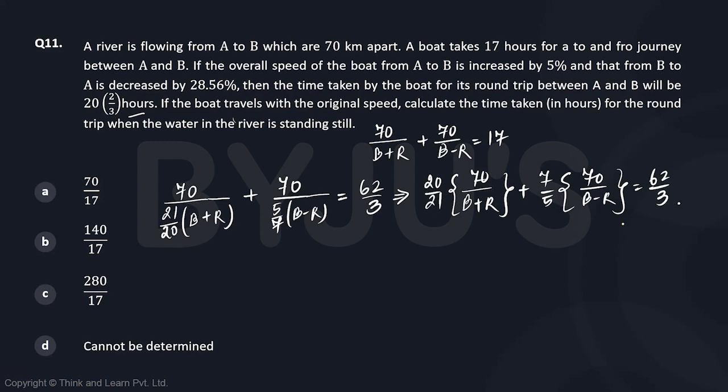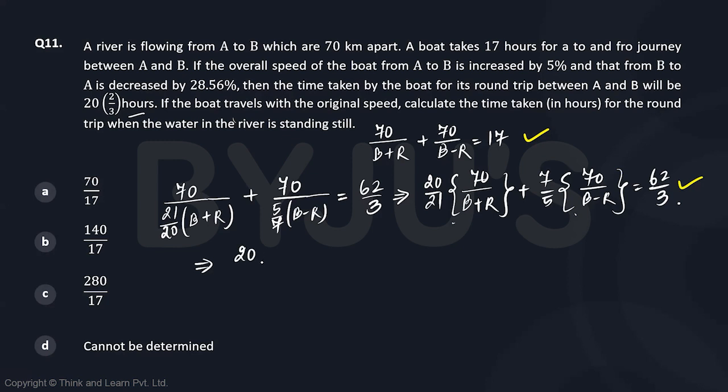Now, our motive is to solve these two equations. Somehow, if we can write the second equation in terms of 70 by (B plus R) plus 70 by (B minus R) times something, this will result in the answer. So we should be able to convert one of the terms into 7 by 5 or 20 by 21 times.